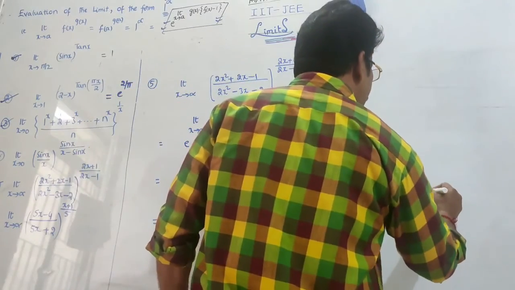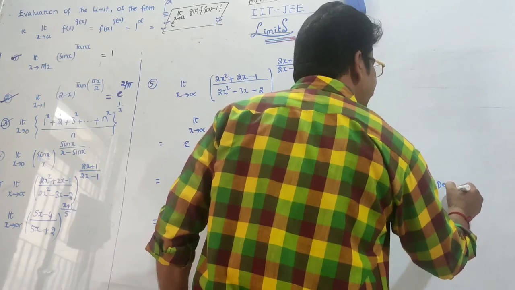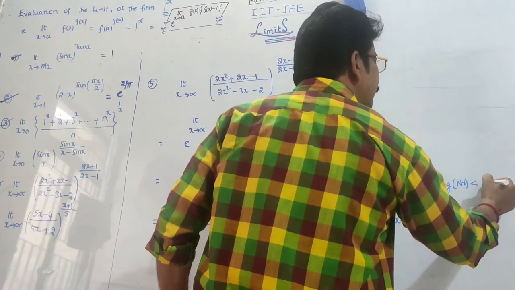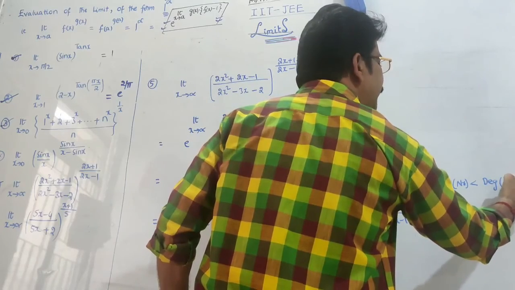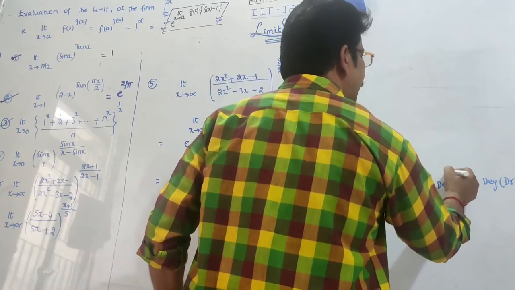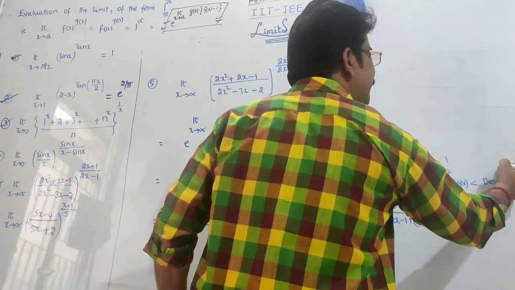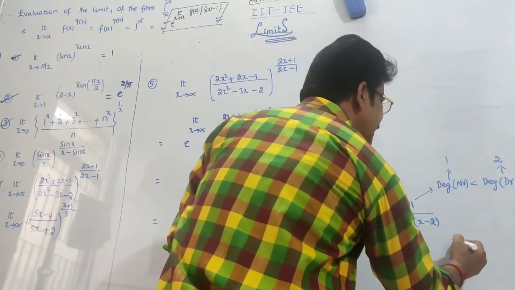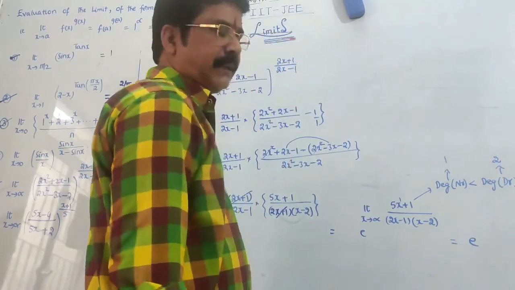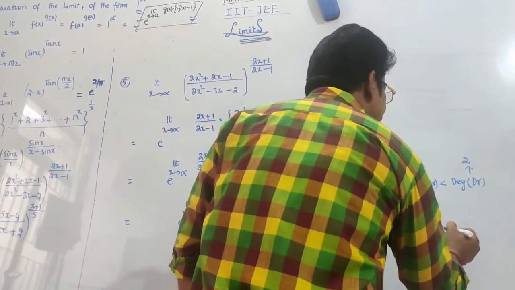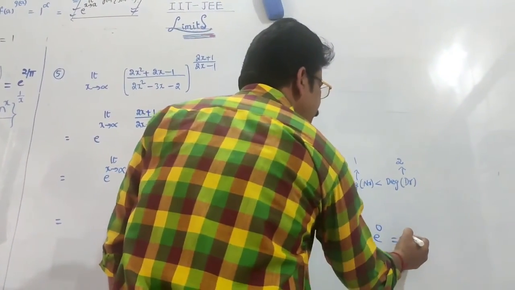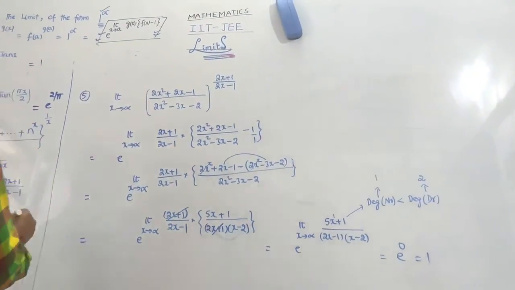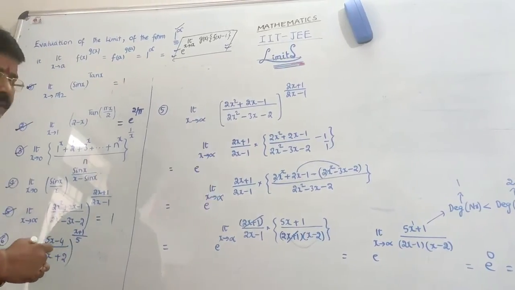So the degree of numerator is less than the degree of denominator. In such a case, already I said the shortcut, it is 0. So e power 0 is equal to 1. Hence the final answer is equal to 1, just like that.